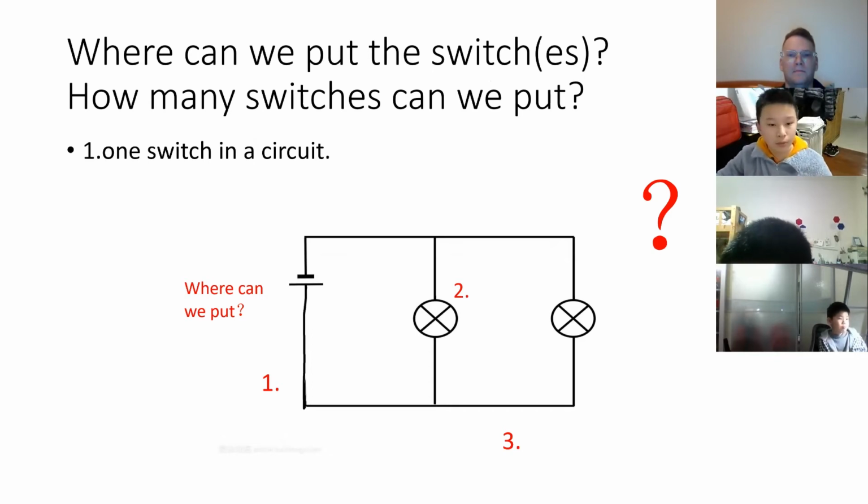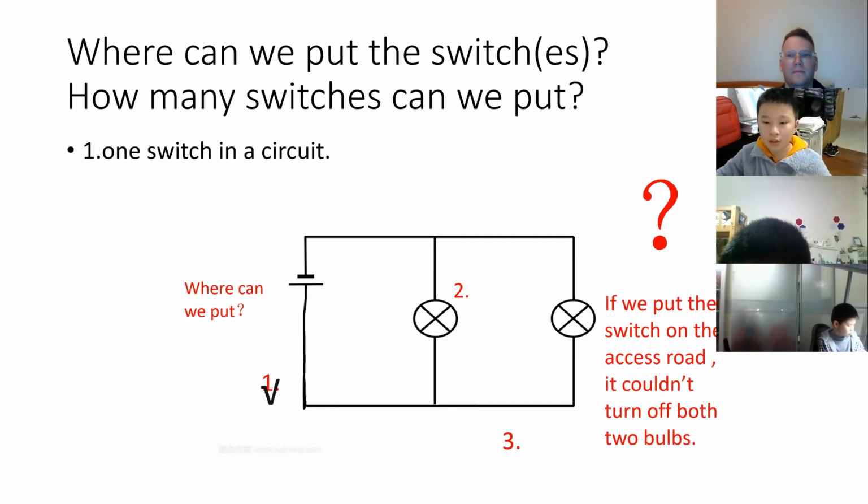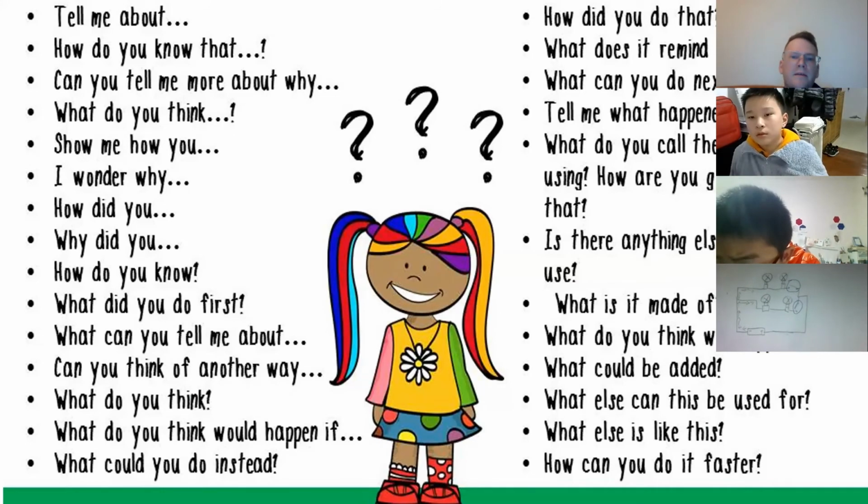We can put it at the main road. If we put the switch on the access road, it couldn't turn off both bulbs. Do you think so, Jerry? So he's putting the switch after the energy has gone through both the light bulbs on both parts of the parallel circuit.